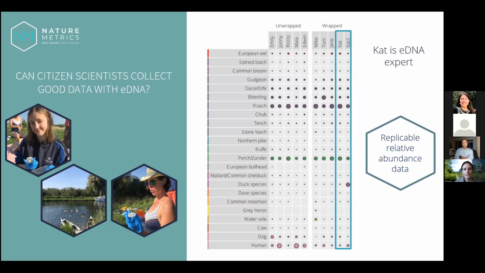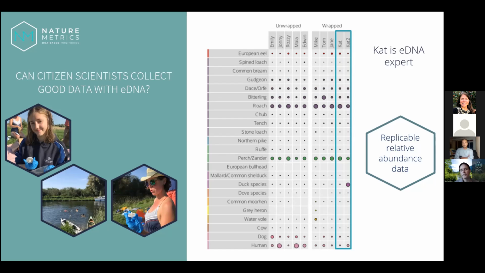So this is the results. Each of the columns is one sample taken by one of our participants, and my 2 samples are over on the right-hand side. And each row is a species, and the size of the bubble is proportionate to the number of sequences. So I think the results speak for themselves.